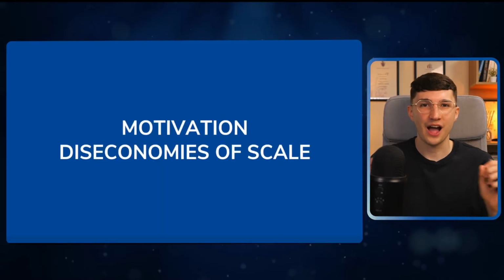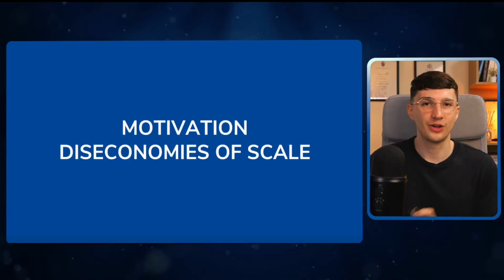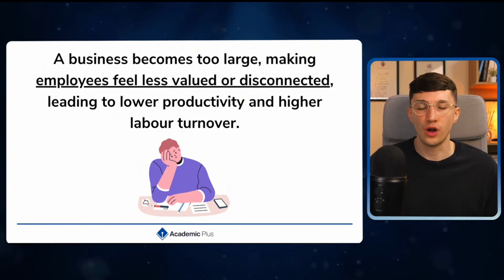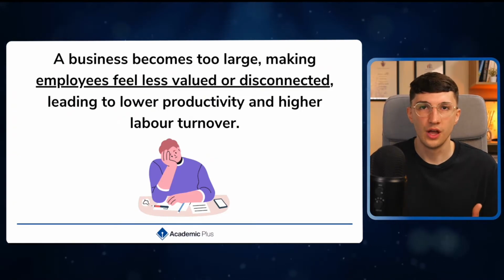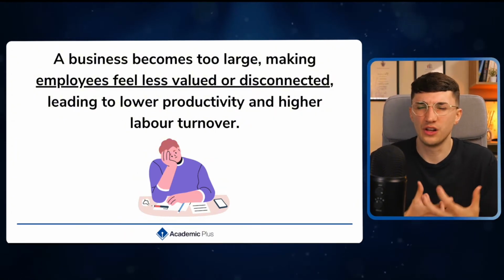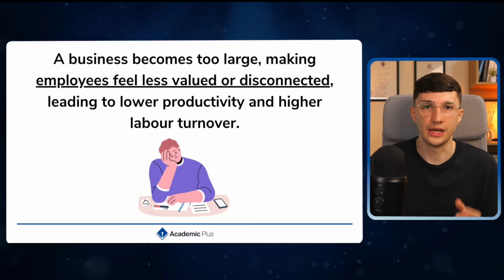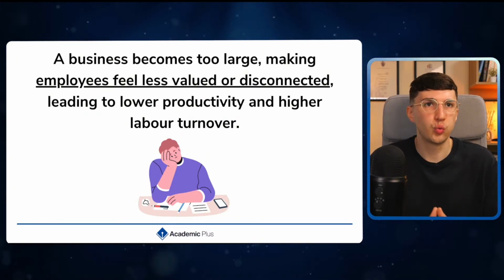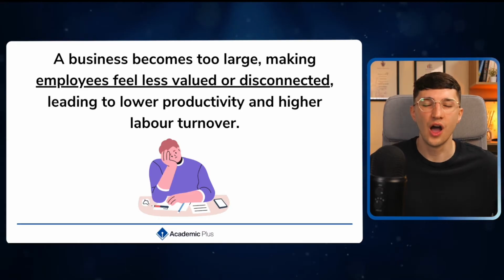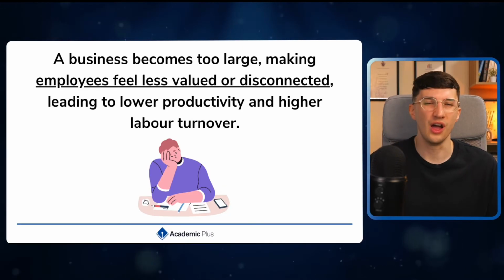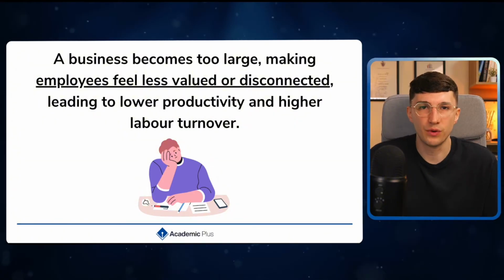And finally, we have our motivational issues of diseconomies of scale. Now, this is quite simple because as the business grows, they're hiring more employees. So whereas before I was in a small startup business, I was involved in a lot of the decision making as an employee. I played a huge part. But now, if I'm one in 20,000 plus employees, I feel like I'm a tiny part in this massive organisation. I feel like I can be easily replaced.